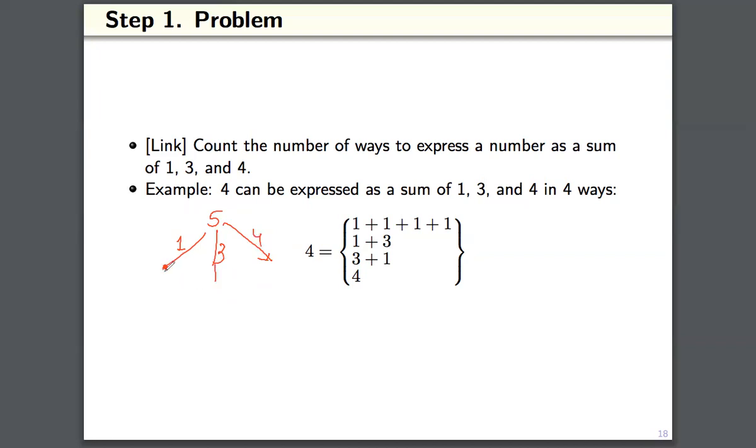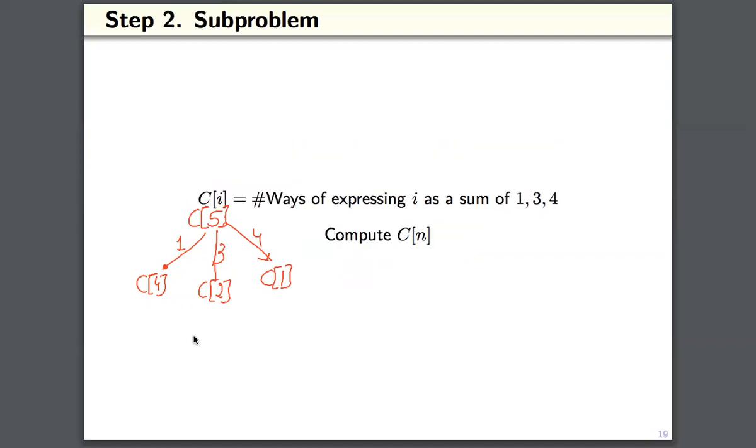Now you get C of 4 here, C of 2 here, and C of 1 here. Did we reach the base case in any of these? C of 1 is just 1.